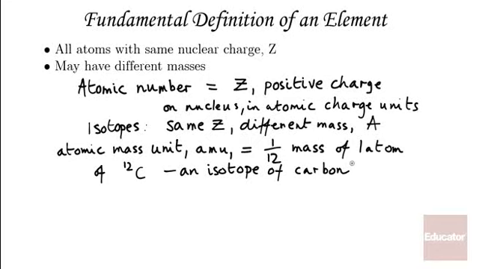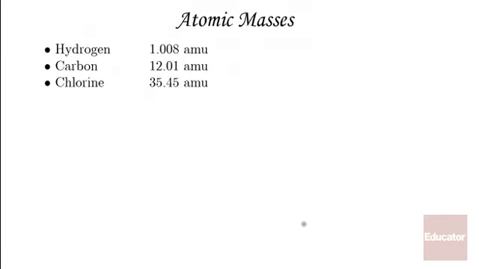Let's look at some atomic masses in the periodic table and then analyze them in terms of this idea of isotopes being present for quite a few elements. Here are some atomic masses as reported in an atomic mass table, and you will see that two of them, that of hydrogen and carbon, are very close to whole numbers of atomic mass units, but are not exactly whole numbers of atomic mass units.